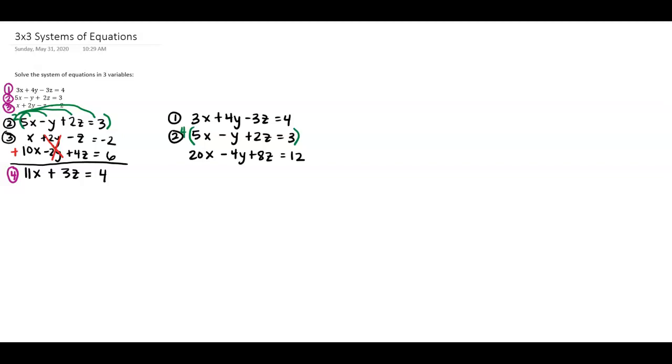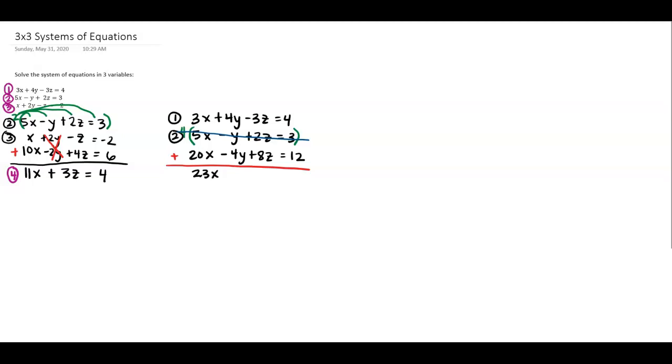Right? And I'm just going to put a little line through this now that I've already multiplied that through, because I'm really adding this top equation with this bottom equation, right? And so when I do that, I come up with 23x.